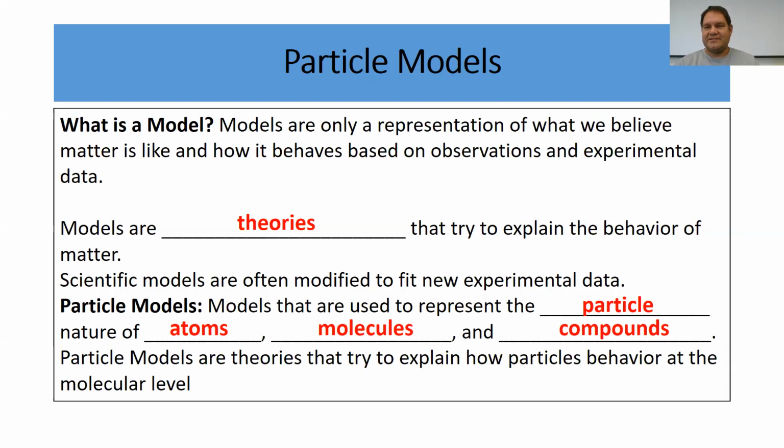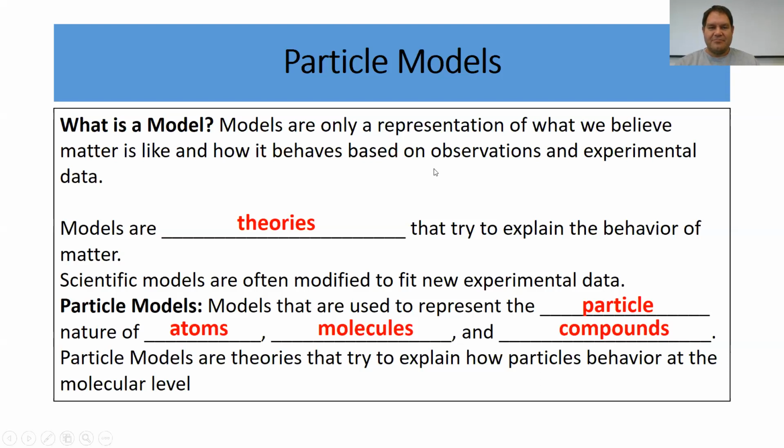We have to get a large quantity of elements in order to begin to see them with our eyes. And so often what we use is visualize particle models to represent elements and compounds at the very small microscopic level, or even really submicroscopic. It is really down there at a very small level.